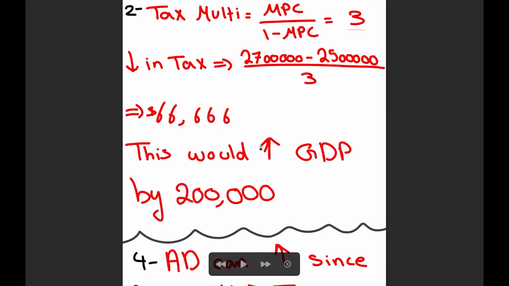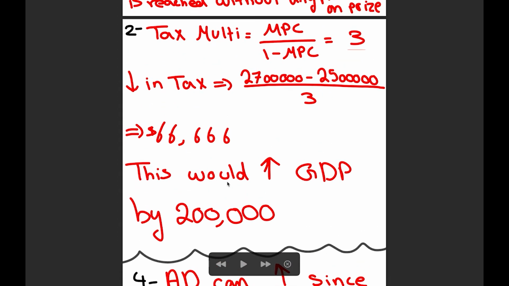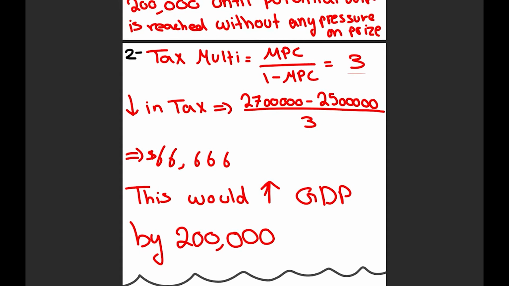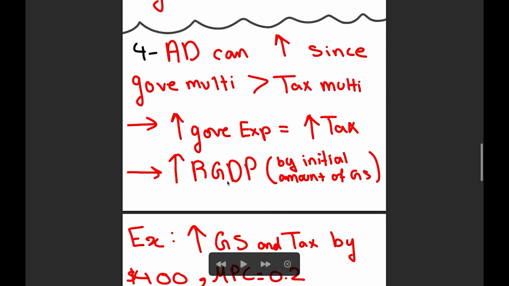So this would increase my GDP by 200,000 so I can reach my potential output without any change in price. Price is still the same. I'm just changing either my government spending or my taxes. Now let's move on to number 4.